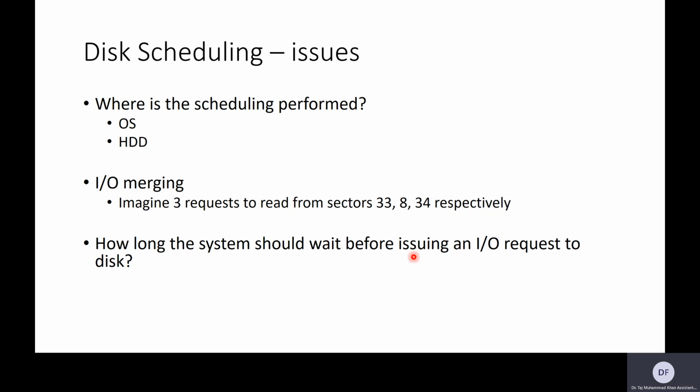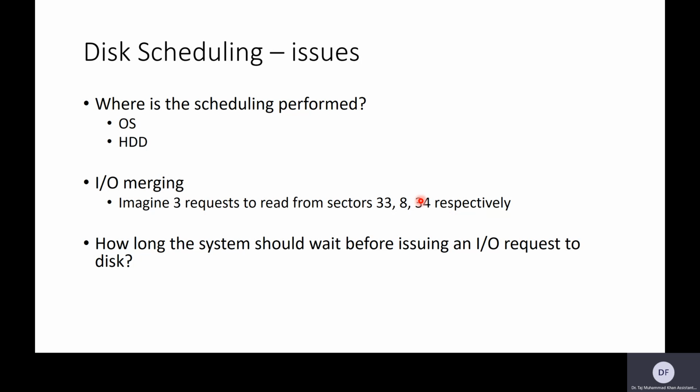Secondly, another issue is how long the operating system should wait to issue an IO request to the hard disk. It is good if the operating system can collect some requests together and send them together to the hard disk, because when the hard disk gets these requests together, it can do some rearrangement within that list of requests.